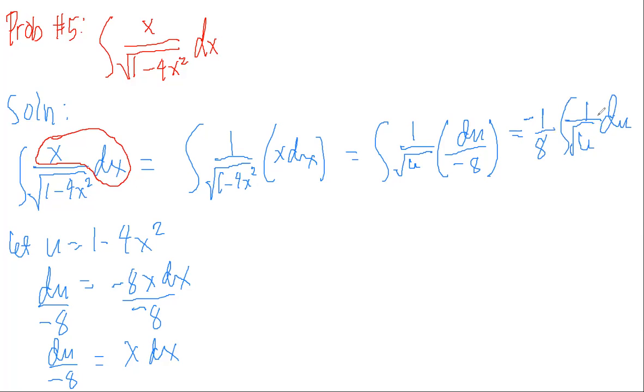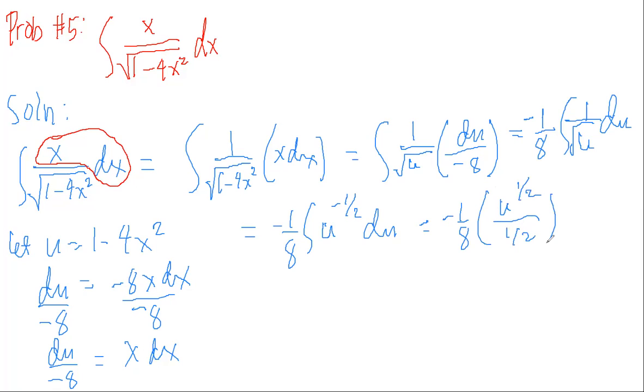So now let's integrate this, or let's solve further. This becomes -1 over 8 times, 1 over square root of u can be expressed as u raised to -1/2 du. And we can integrate this, right? So we have -1 over 8 times the integral of u raised to -1/2, which is u raised to 1/2 over 1/2, plus c.